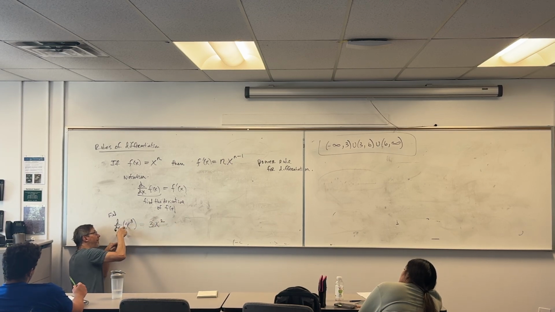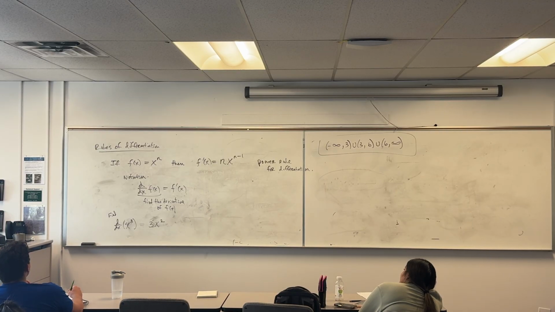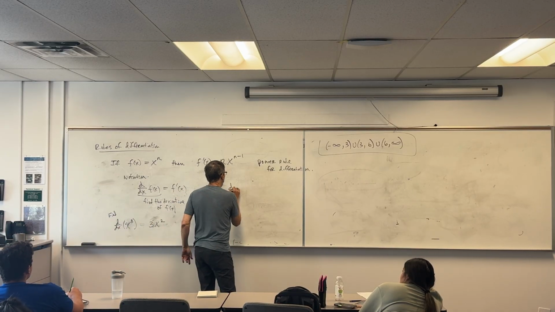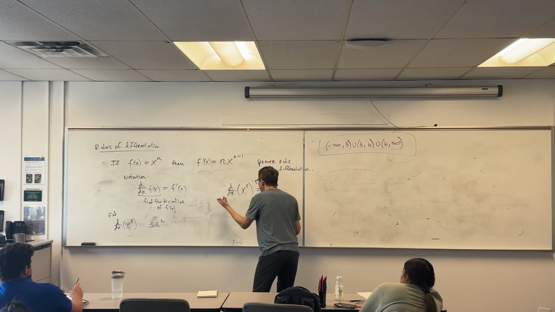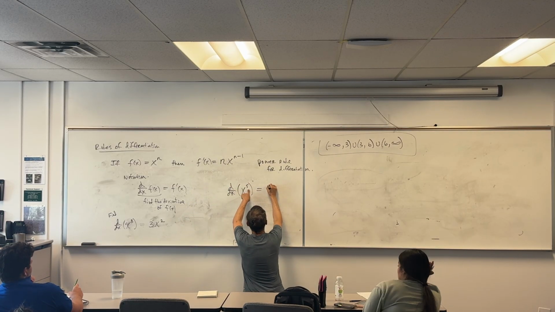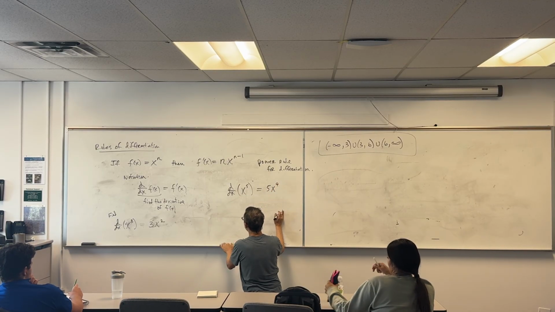See, the exponent comes out front, old exponent goes down by 1. Does this look familiar? My calc friends, have you seen this? Yeah, this is good. I have the derivative of x to the 5th. It's bring the 5 out in front, x to the 4th, exactly.